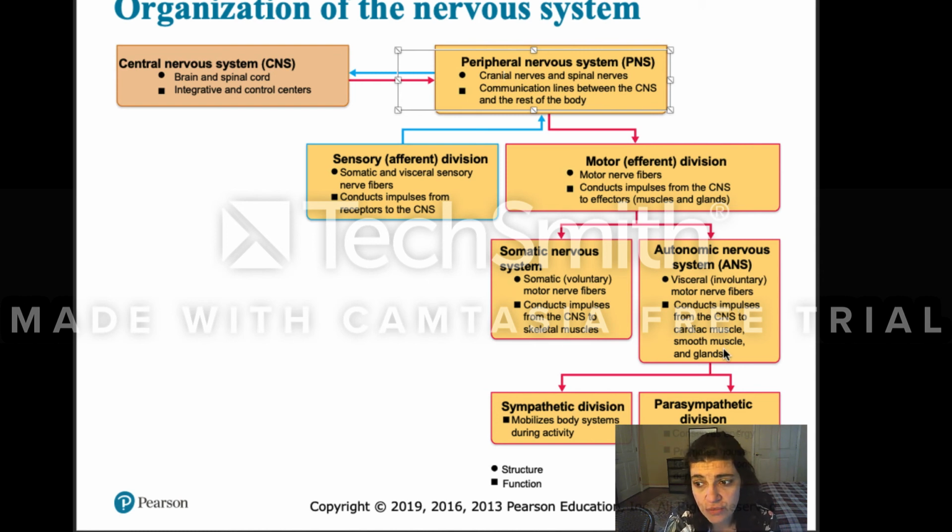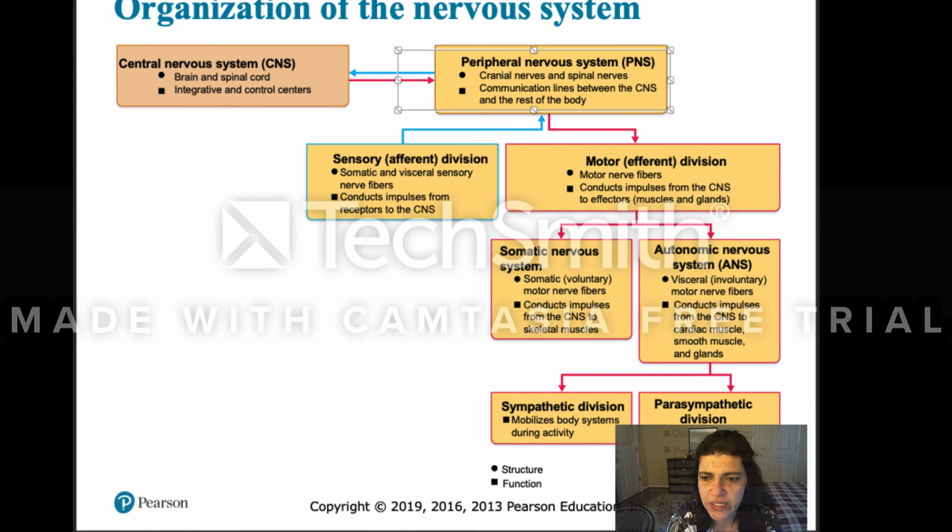Okay? We're going to learn a lot about this later. The autonomic is divided into sympathetic and parasympathetic. Sympathetic is our fight or flight part of the autonomic nervous system, and parasympathetic is the rest and digest part of the autonomic nervous system. We're going to understand how this visceral innervation differs in these two systems in chapter 13, I think.